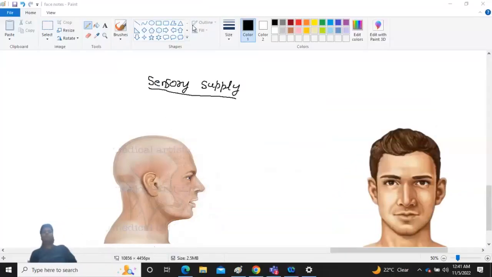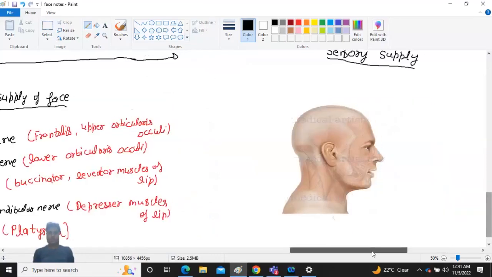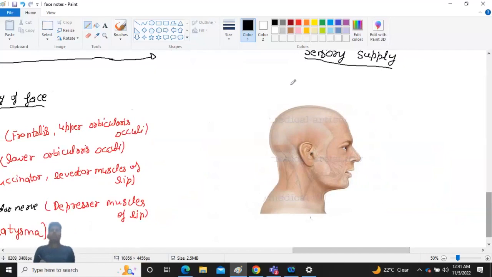So this is the sensory supply of the face. There are three branches of the trigeminal nerve which supply different regions of the face. So first we draw the regions.